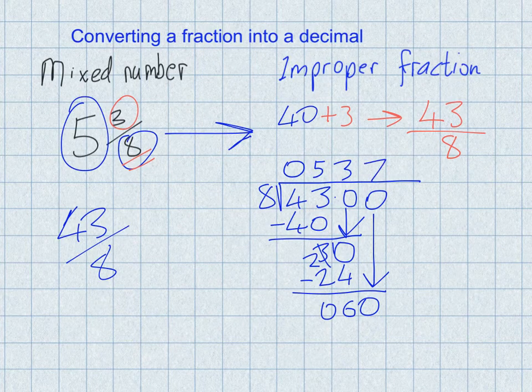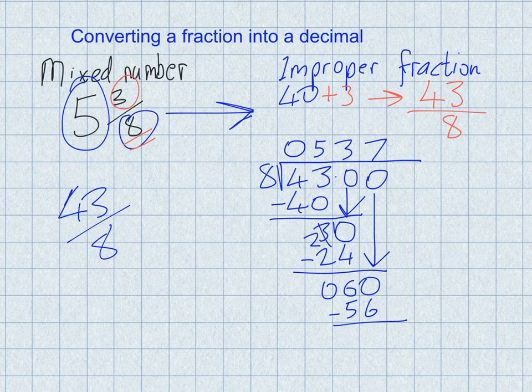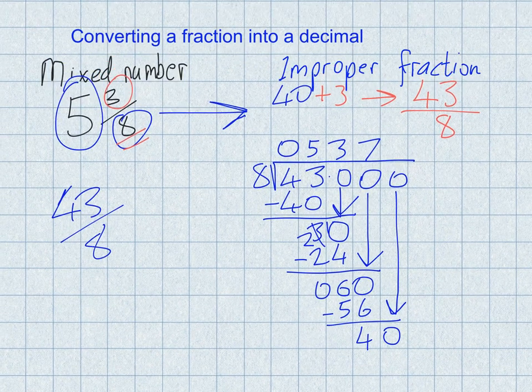And the answer is yes, I can. 7 8's is 56. And when I subtract these, I should get 4. Now I'm nearly there. I'm going to bring down one more 0, make that a 40. My last question is, how many times can I count up an 8 towards 40? And we should be able to work out that that is exactly 5 times. 5 8's gives me 40, and there's no remainder.